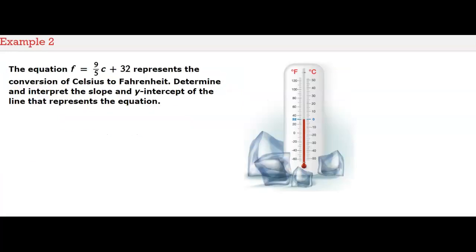The equation F equals 9/5 times C plus 32 represents the conversion of Celsius to Fahrenheit. Determine and interpret the slope and y-intercept of the line that represents the equation.